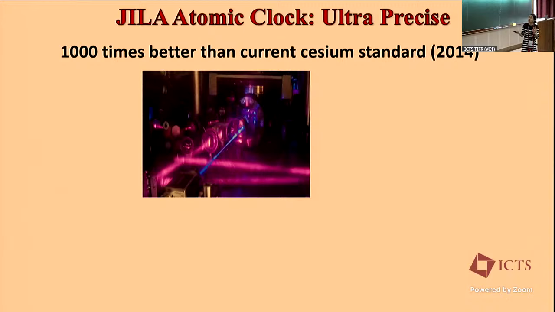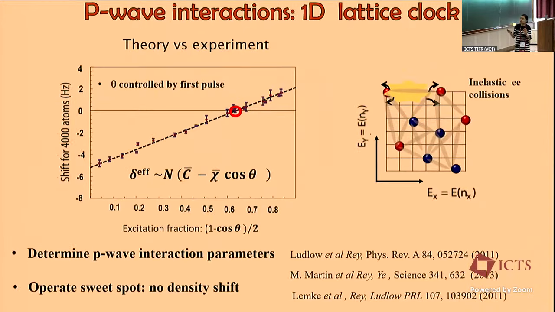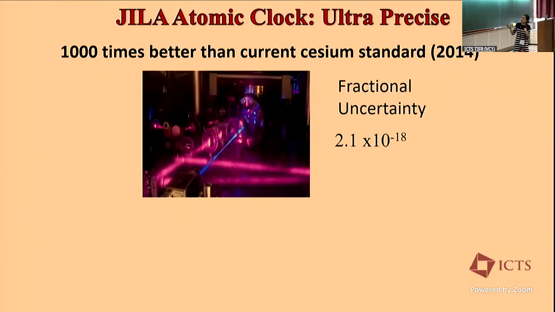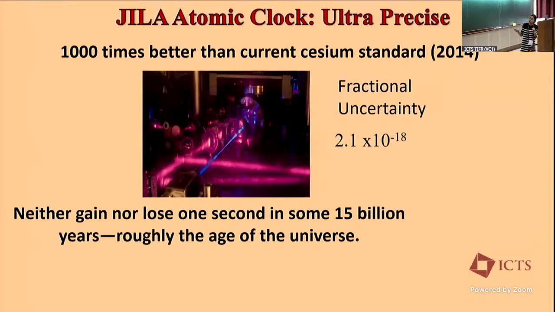But anyway, by controlling the collisions and not letting them be a problem, we were able, in collaboration with June, to create a clock that was 1,000 times better than the current cesium standard back in 2014. This corresponds to a clock with a fractional uncertainty of 2 times 10 to the minus 18. That means a clock that would never gain or lose 1 second in some 15 billion years. That is roughly the age of the universe.